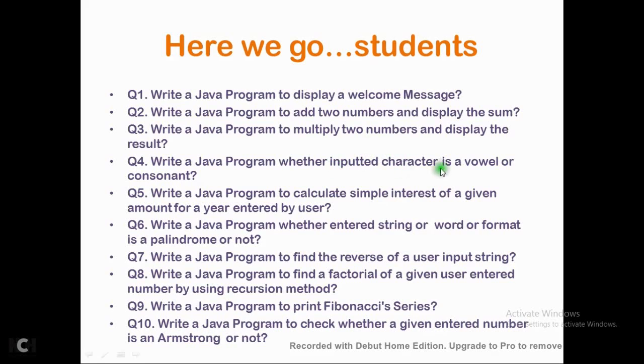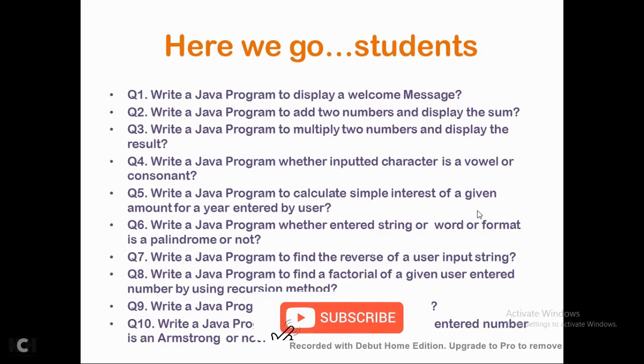Next, a program to input a character and check whether it is a vowel or consonant, that is A, E, I, O, U. Then calculate simple interest, and compound interest. Then the sixth, check whether an entered word or number is a palindrome or not. This is a very important question. This question is asked in C and C++ programming also.